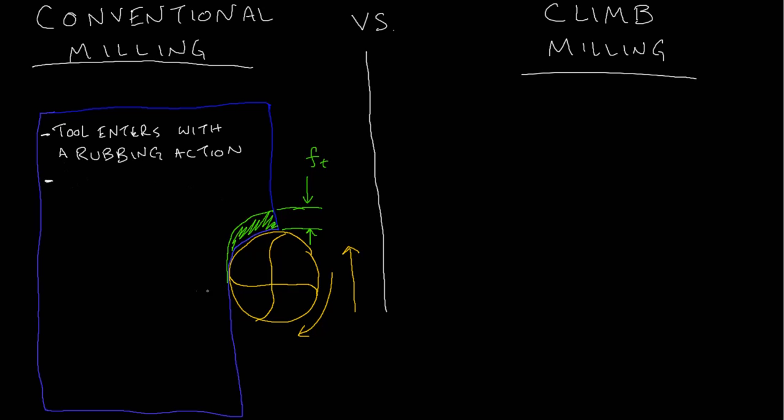When things rub, the heat goes up due to friction. And when things heat up and rub as well, the wear increases. So this would be increased wear on the tool. This is kind of a negative characteristic of conventional milling.